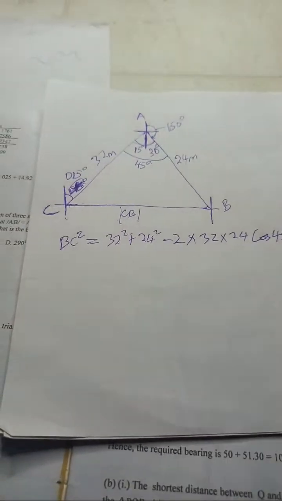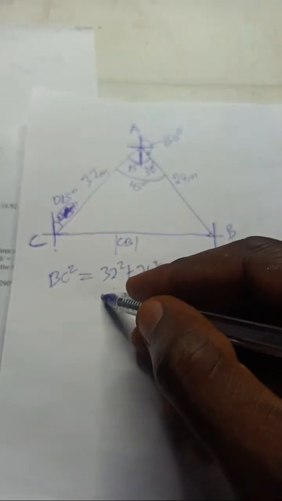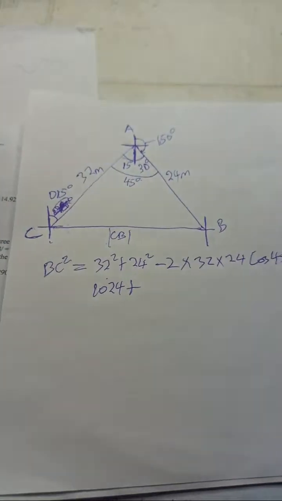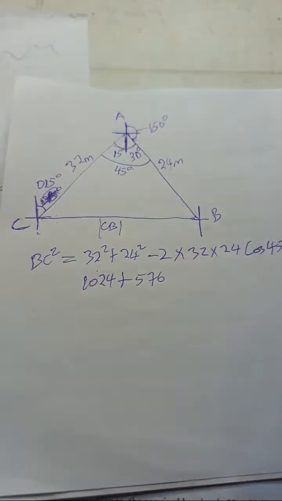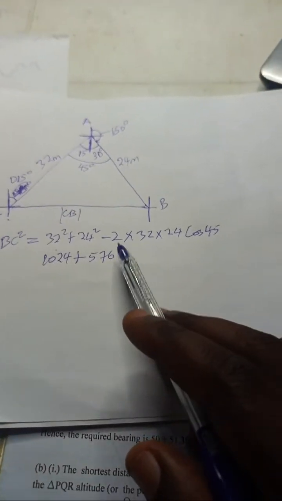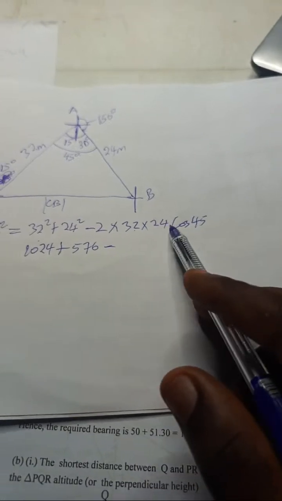Now, if this is well calculated, 32 squared will give us 1024, plus 24 squared will give us 576. Now, minus, if you calculate this properly, 2 times 32 times 24 cos 45.